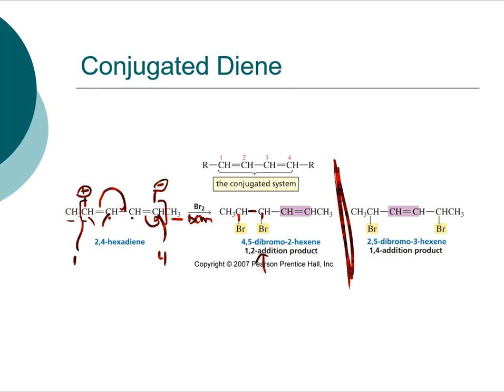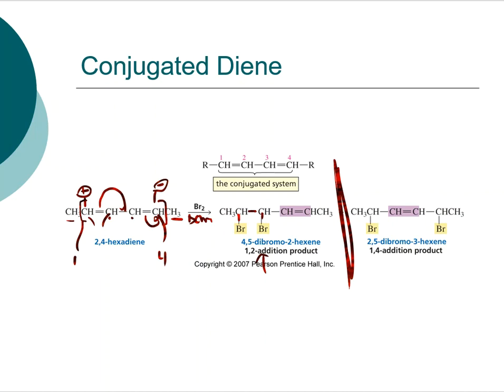I could have as many carbons as I want to have. It doesn't matter. 1,2 represents the first and second carbon of the conjugated bracket, and 1,4, the first and the fourth carbon of the conjugated bracket. That's it, because that is the definition of a conjugated diene.